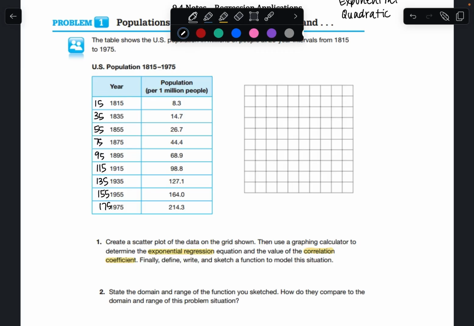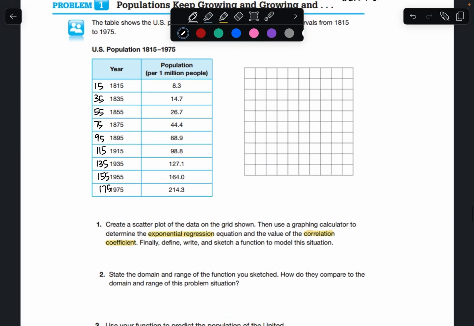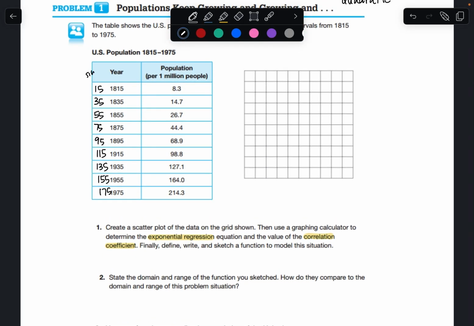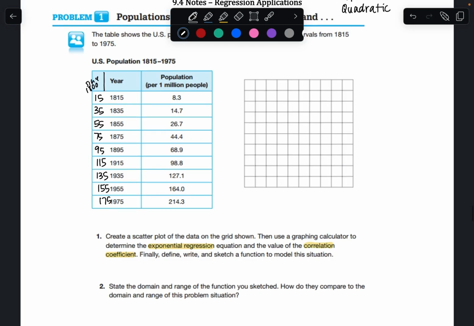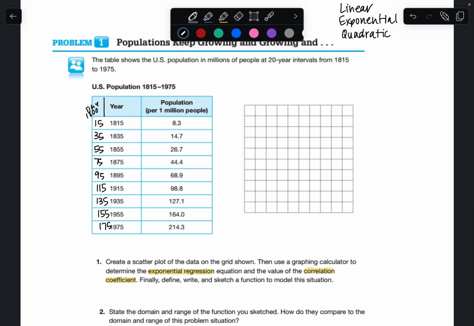So years since 1800. Okay, so those will be our X's. And then remember, this is in millions of people, okay?